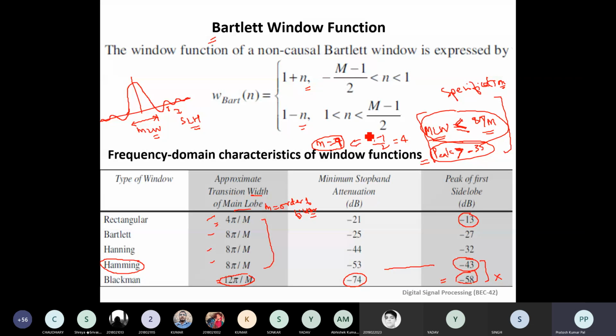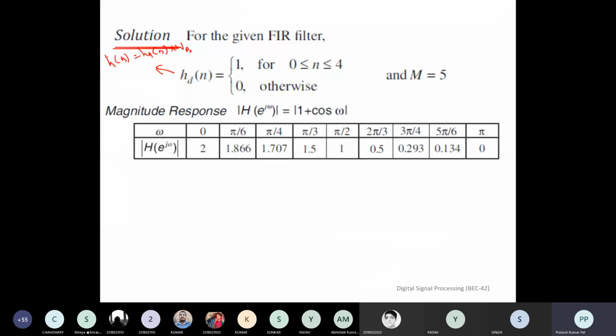So M is 9 here, and n ranges from 1 to 4. Putting n equals 1, 2, 3 and 4, we get the expression and from there the Bartlett window function. Once we know the Bartlett window function, we multiply it with hd of n, and that will be h of n.